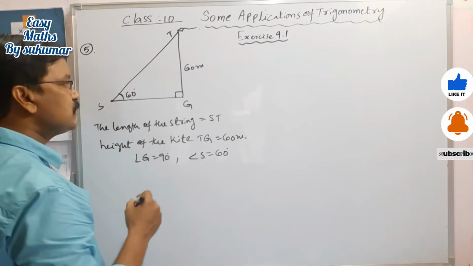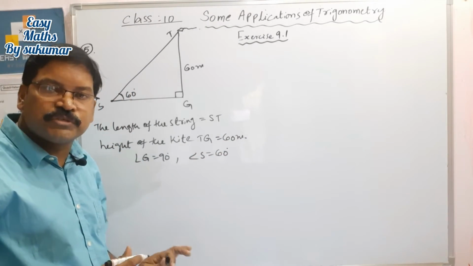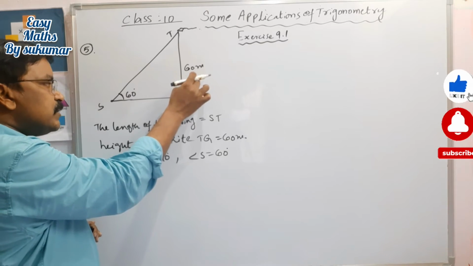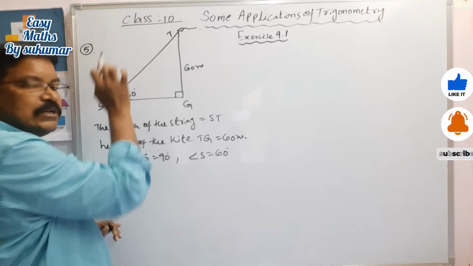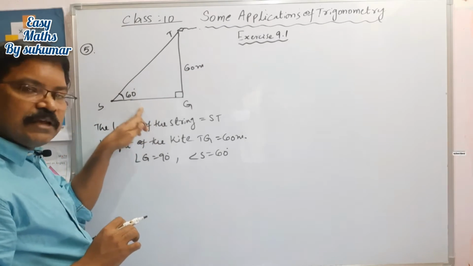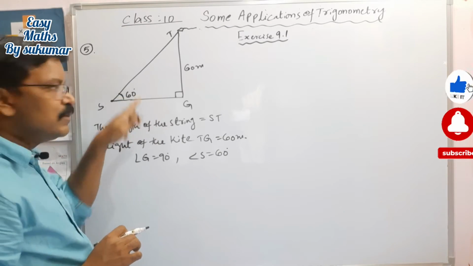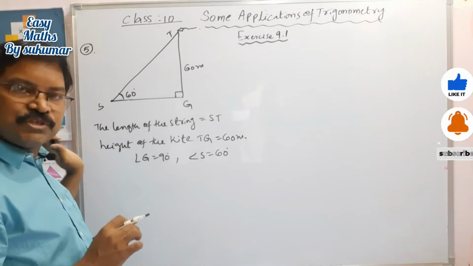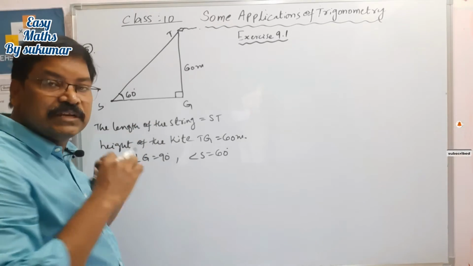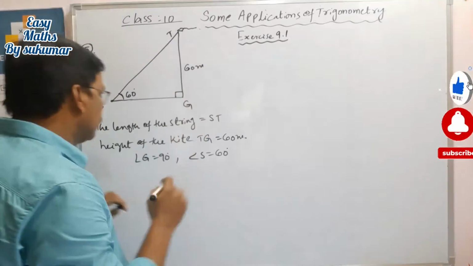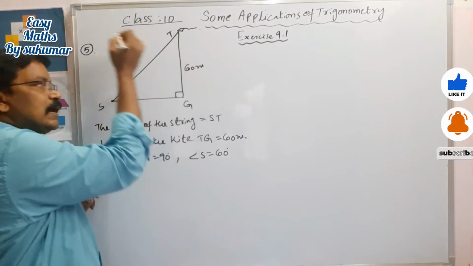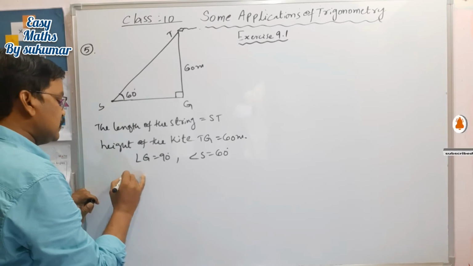See, my dear students, which trigonometric ratio should we use here? Opposite side and hypotenuse. We do not take this SG. We want the length of the string, that means ST. So opposite side and hypotenuse, that is what?